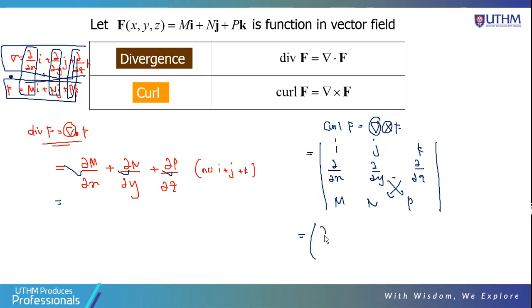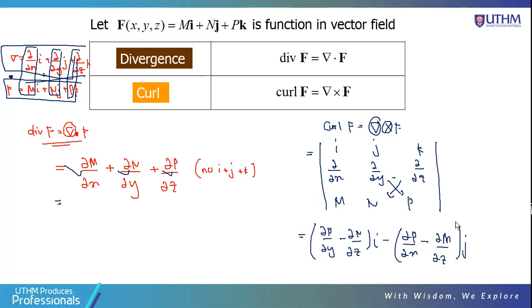So partial with respect to y of xyz squared, minus partial with respect to z of xz, this one is for i. Then minus for j: partial x of xyz squared, minus partial z of xy, this one is for j.